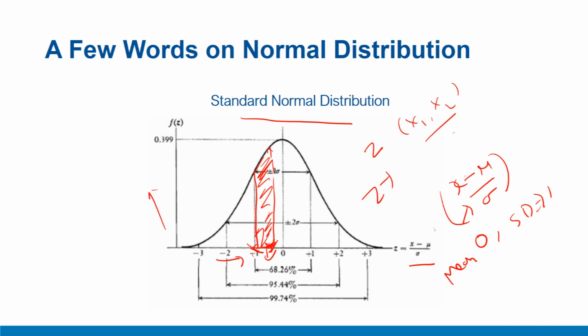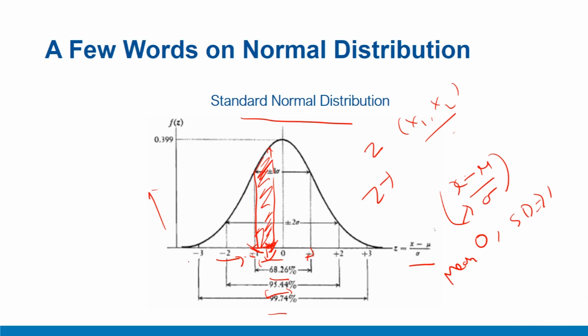For example, from z of -1 to +1, that is in terms of standard deviation, this essentially represents the standard deviation form of returns. So for -1 to +1 standard deviation, we have 68.26% of returns, within ±2 standard deviation, 95.44% of the probability will lie, and within ±3 standard deviation we have 99.74%, and this is irrespective of different returns because this is now in standardized form.